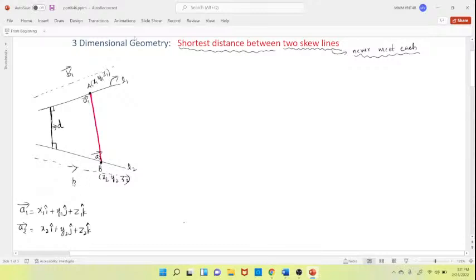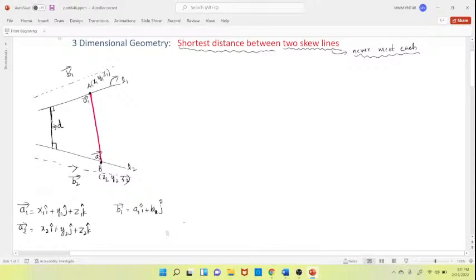Let A1, B1, C1 be the direction cosines of this b1 line.